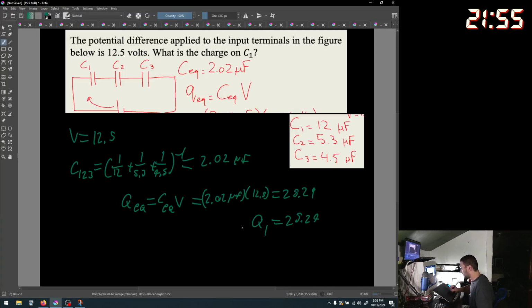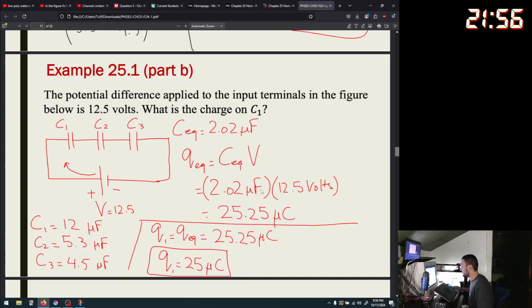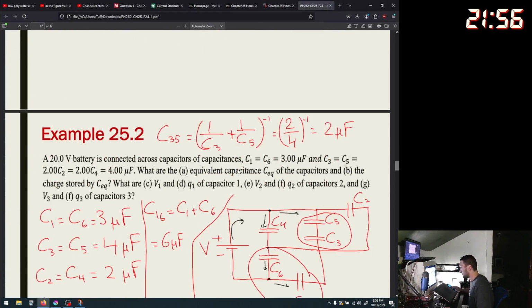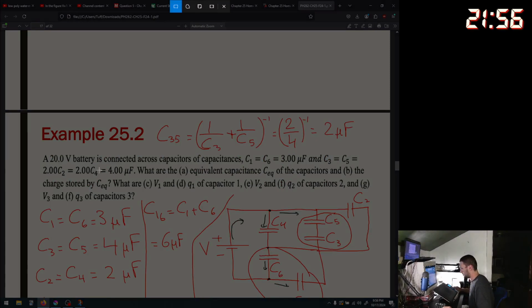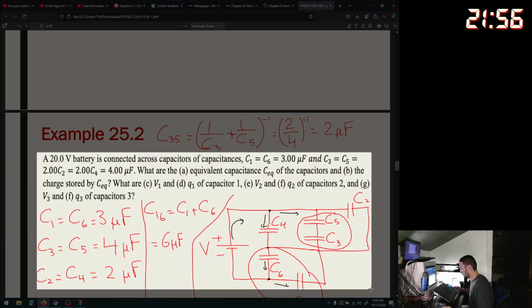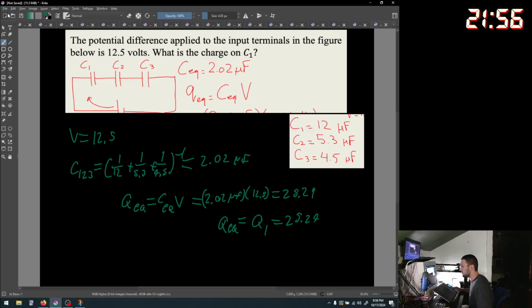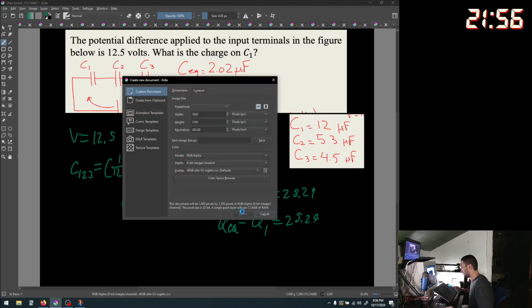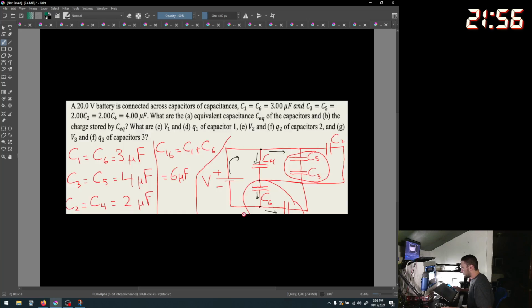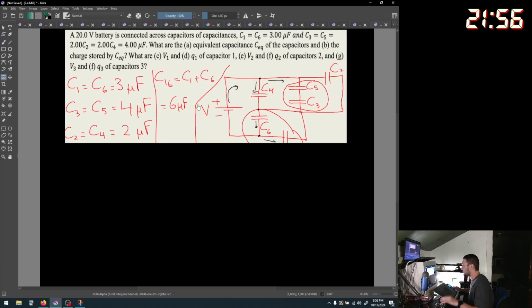So yeah, they went as far as to say Q equivalent equals Q1 equals 25.24. Okay.